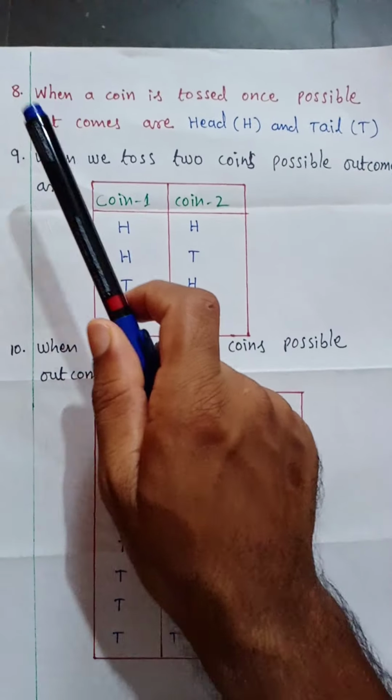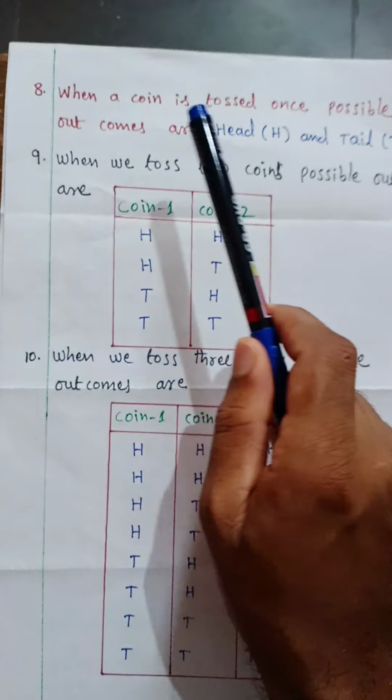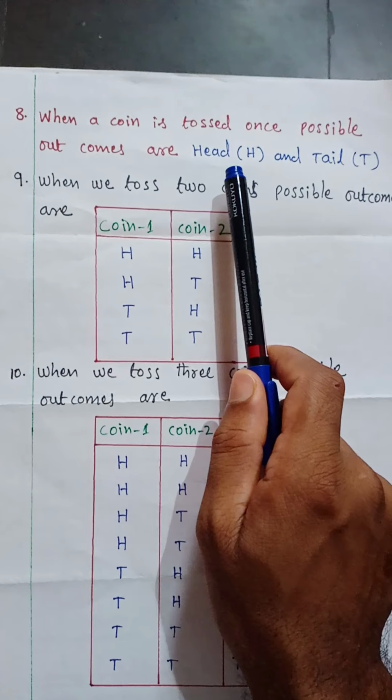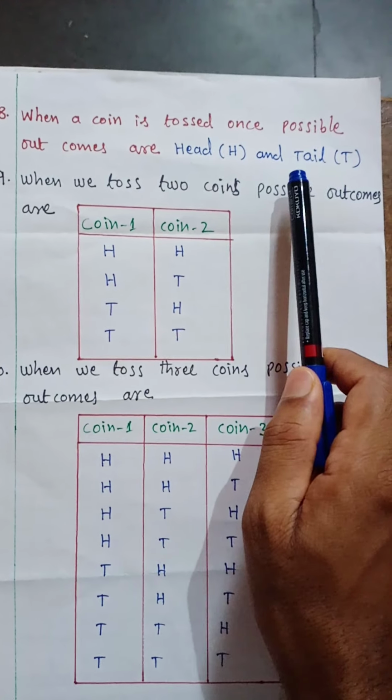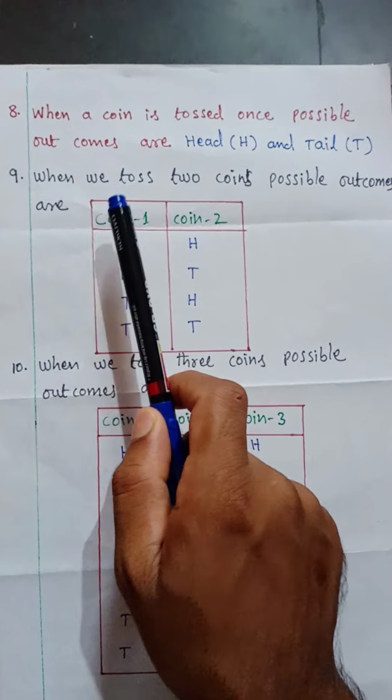Next, 8th one. When a coin is tossed once, possible outcomes are head denoted by H and tail denoted by T. And 9th, when we toss 2 coins, possible outcomes are, coin 1, coin 2: 2 heads, 2 tails, and head tail.